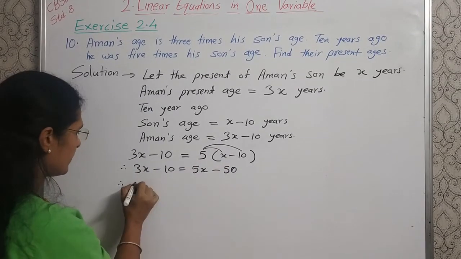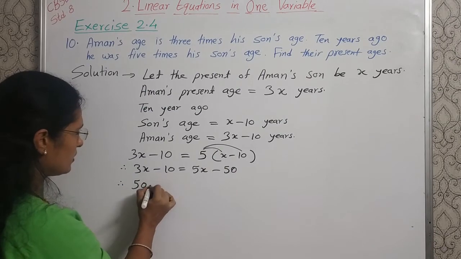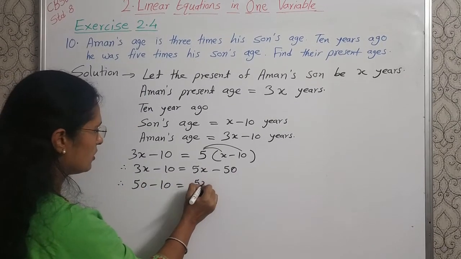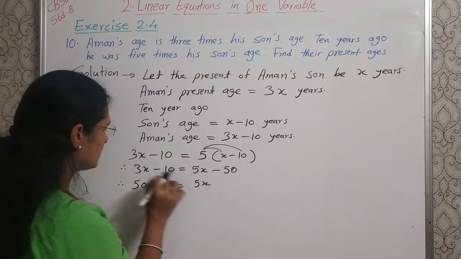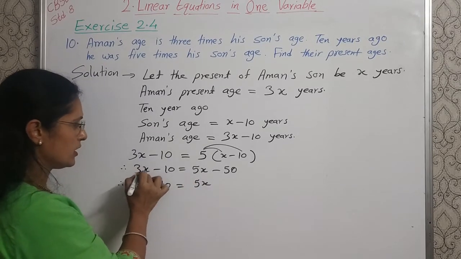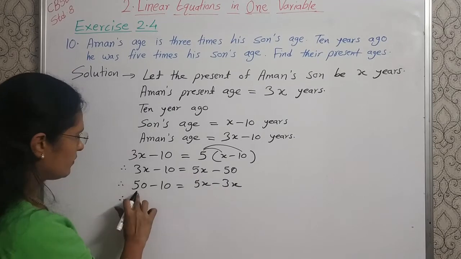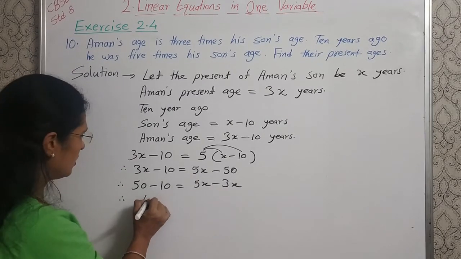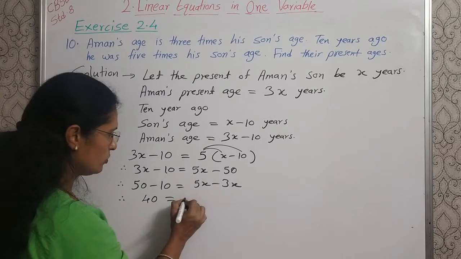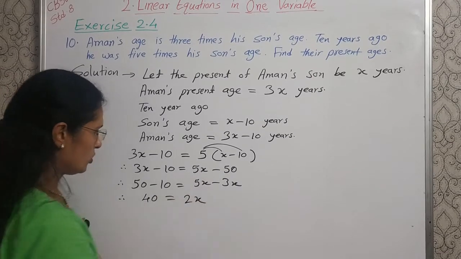So this minus 50 will become plus 50 and this minus 10 as it is. On the RHS 5x as it is, and 3x will be shifted and become minus 3x. We'll get 50 minus 10 is 40, 40 is equal to 5x minus 3x is 2x.